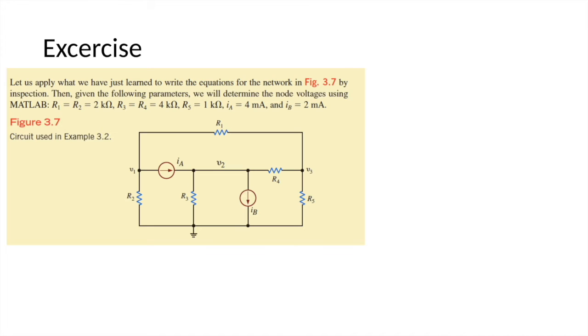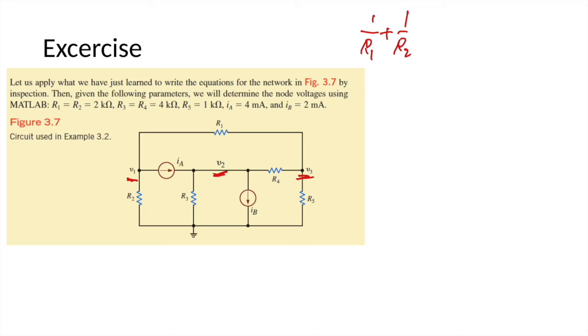Let's take a look at one more example. So here we have, for example, this is node 1, node 2, and node 3. For node 1, we can see that the R1 and R2 is connected to node 1, so that is R1 plus R2.